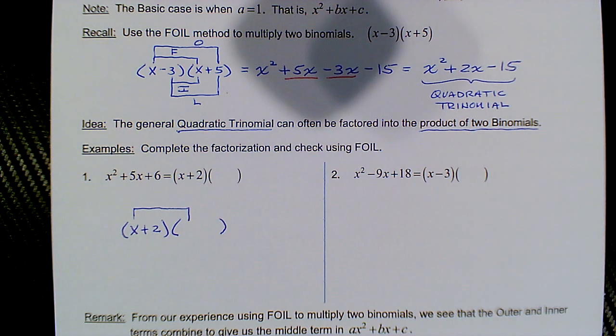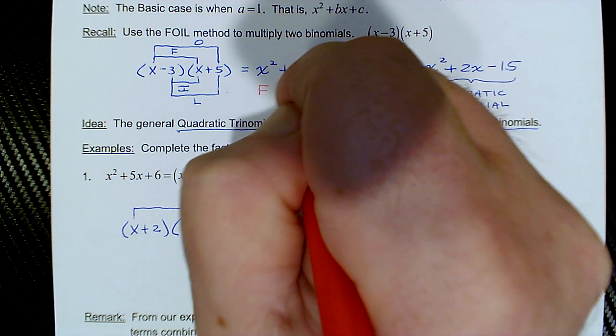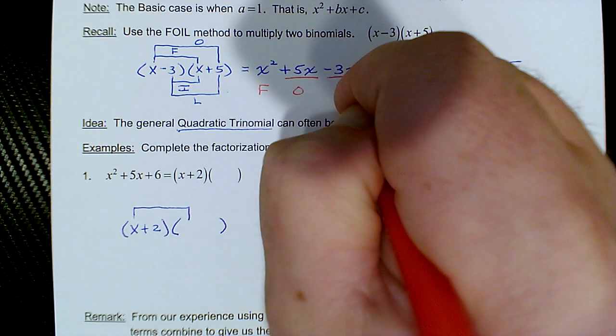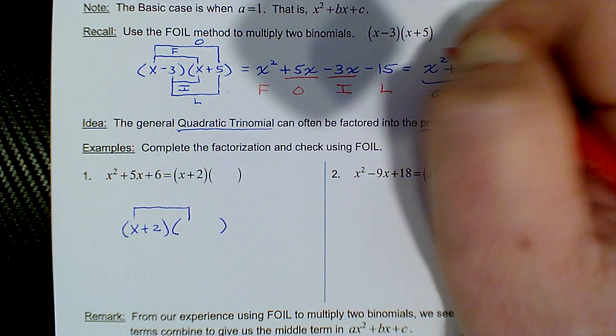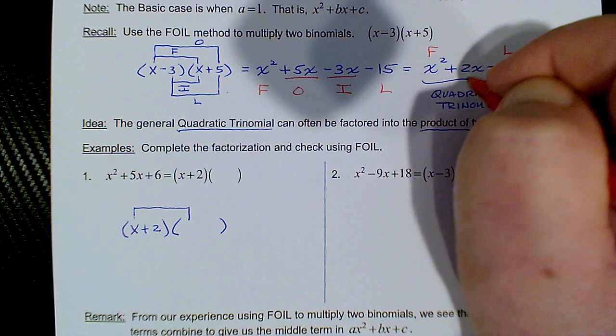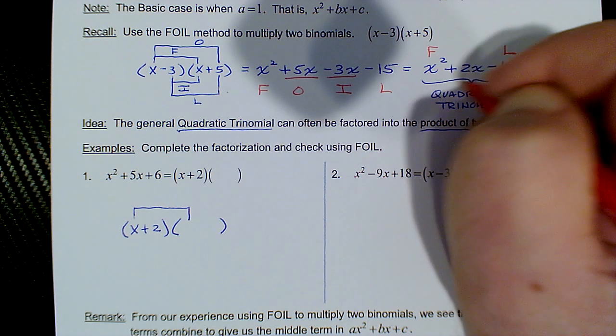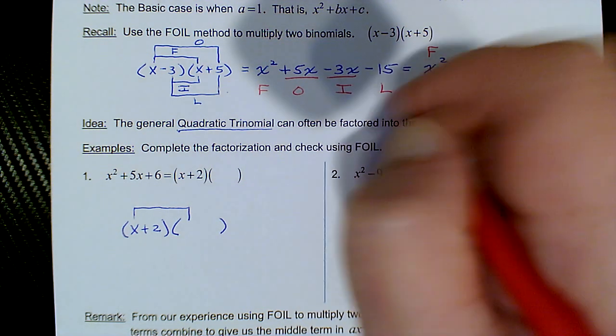Because remember, when we're doing FOIL, this is F, O, I, and L. But the outers and the inners in the quadratic trinomial are the combination. That's the middle term, is the combination of the outers and the inners.